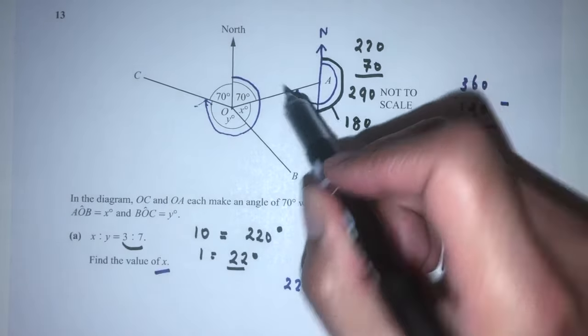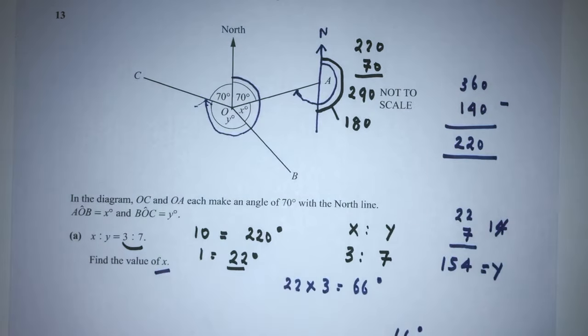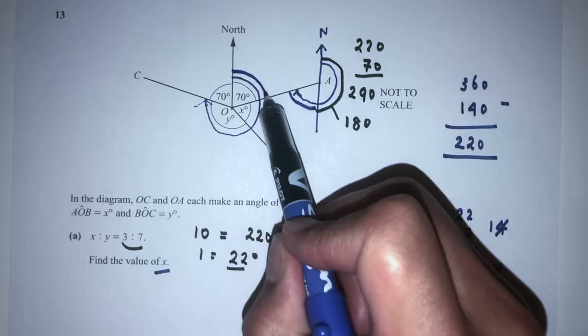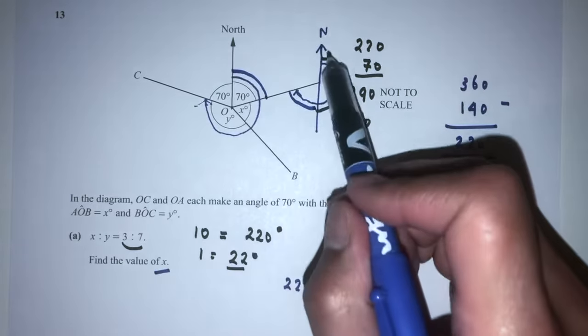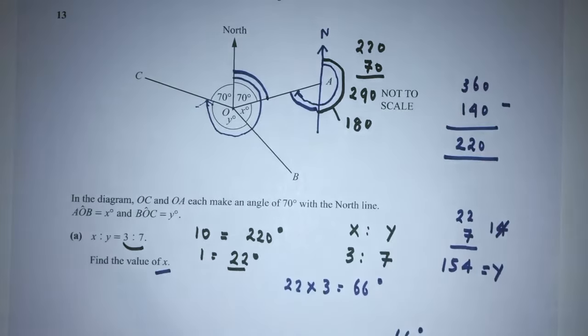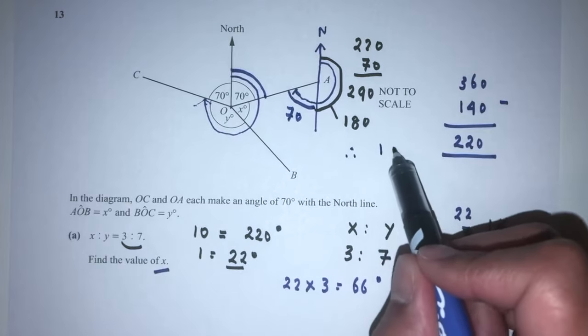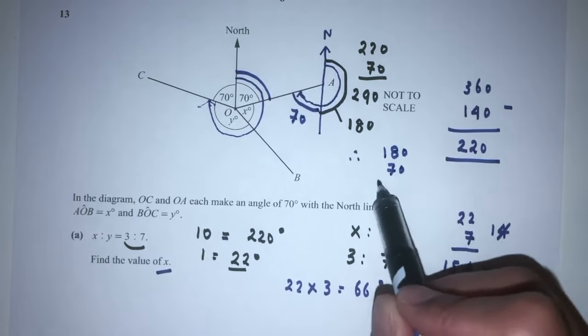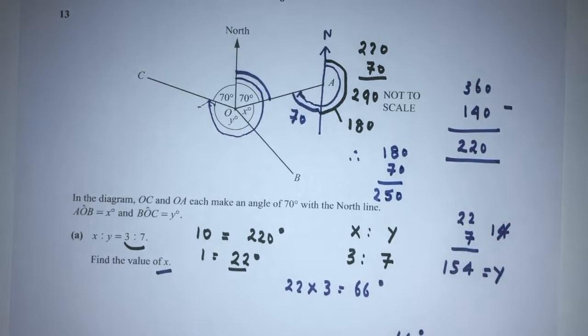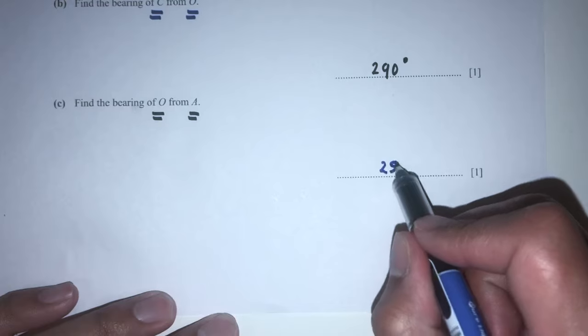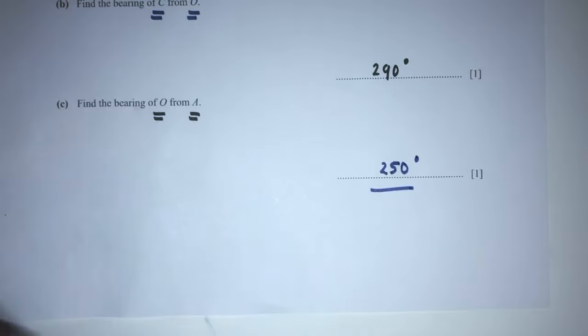How can you find this other angle? If you observe, this angle is the same as this angle because these two are in the same direction and they are alternate angles. This is 70, so this also has to be 70. So it will be 180 plus 70, that will be 250. So your answer will be 250. And that is question number 13.